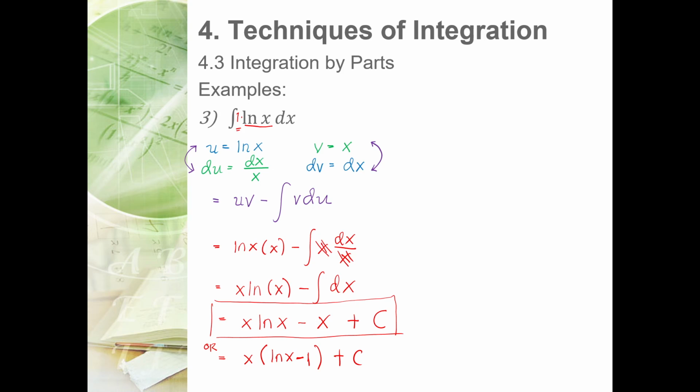For me, the placement of your u and your dv matters. It may be the complicated term, but it's difficult to integrate, right? As mentioned earlier, if we place ln x dx here, it's difficult, because we don't have any formula for the integral of ln.